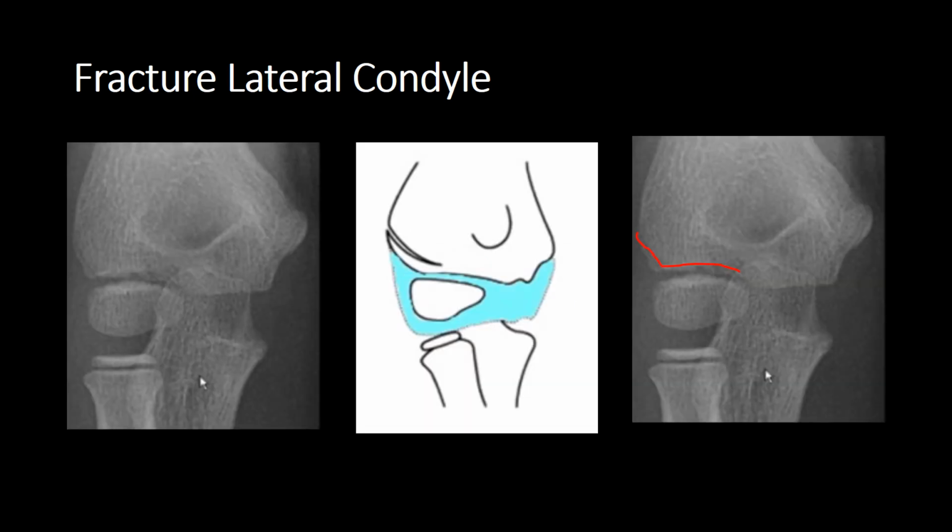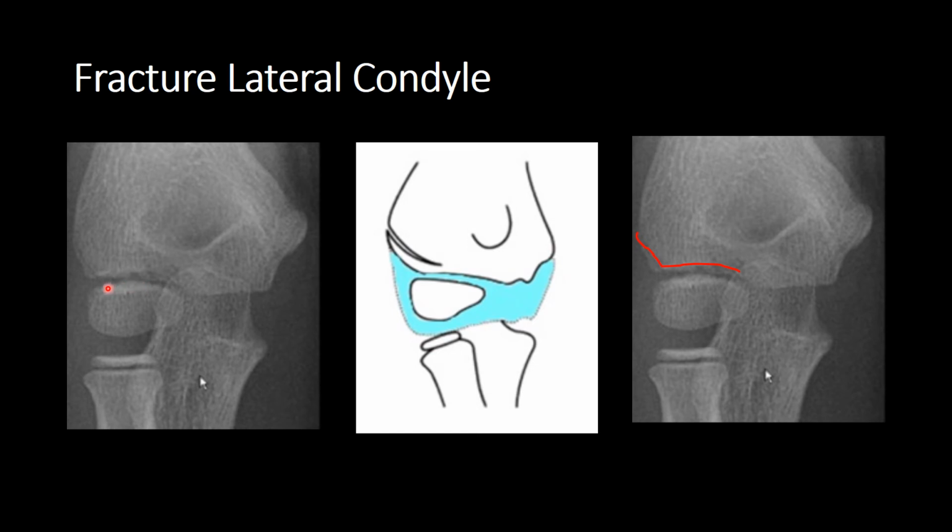Fractures of the lateral condyle are the second most common paediatric fracture of the elbow. So if we look, we can carefully see a lucent line bisecting the lateral epicondyle. It's important to remember to ensure that we don't misconstrue this appearance as a secondary ossification centre.